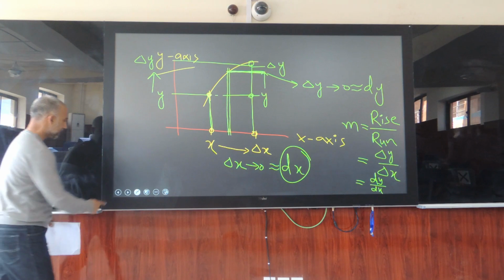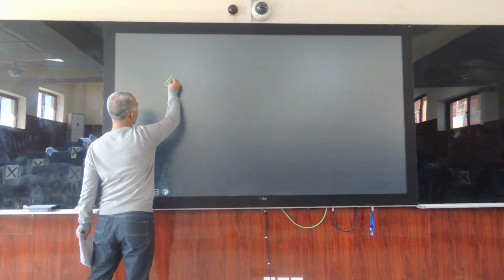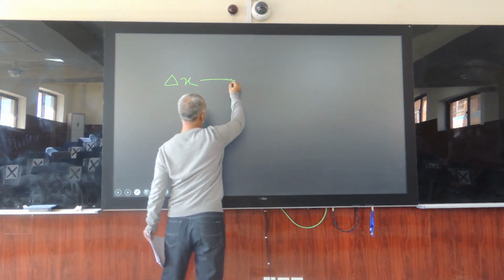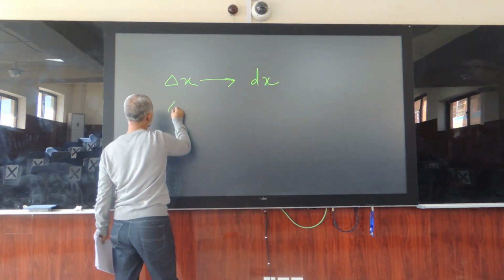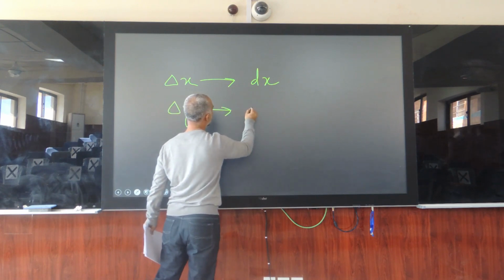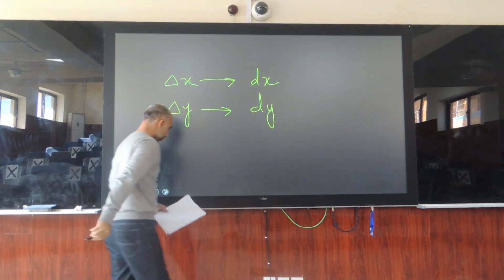So further we can say that the big change delta x transformed to the small change along the x-axis. Similarly, the big change along the y-axis transformed to the small change along the y-axis.